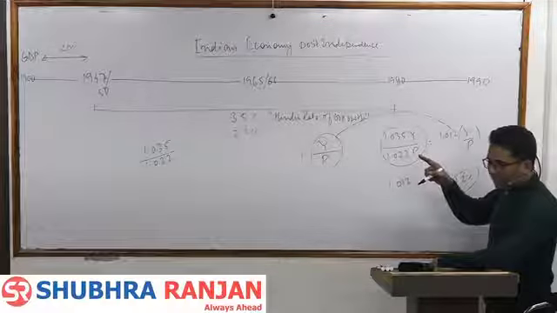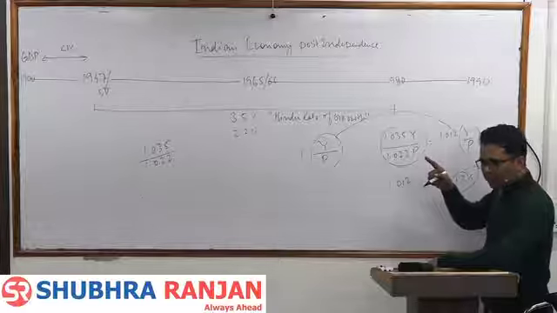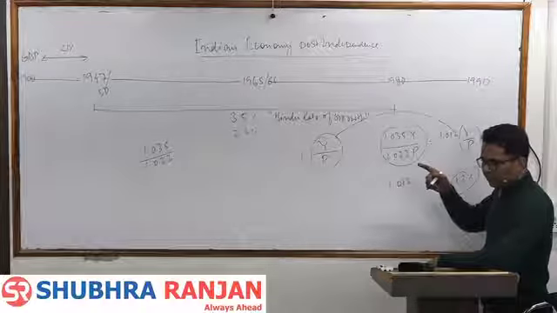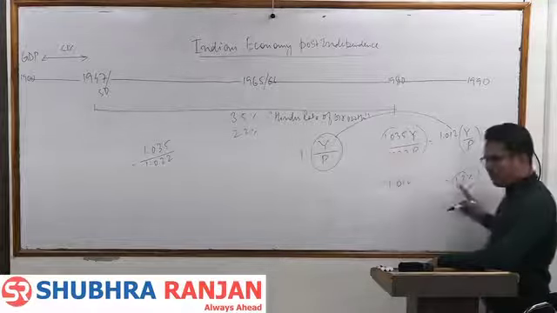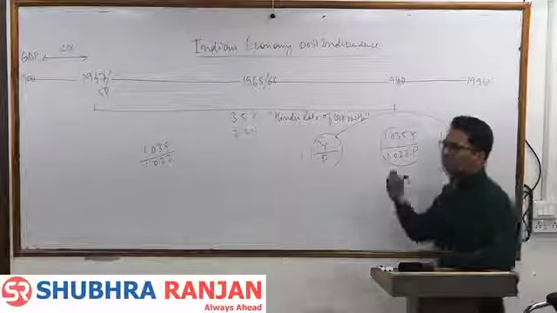So your per capita GDP, per person GDP, per person income was increasing every year by just 1.2%.